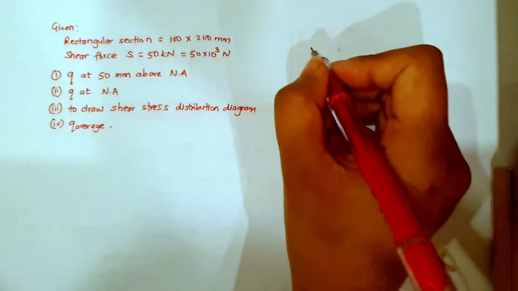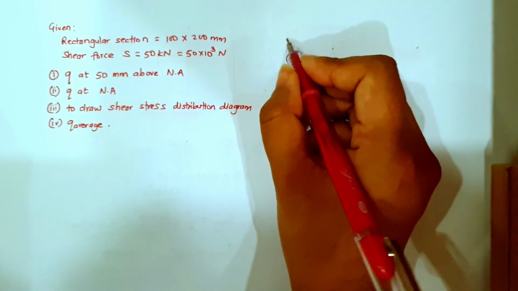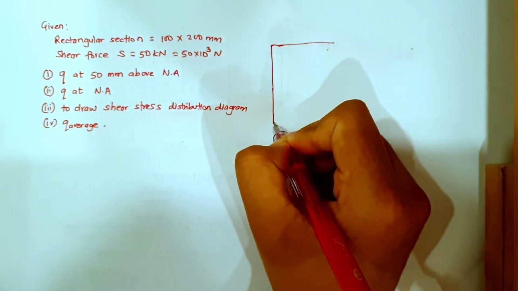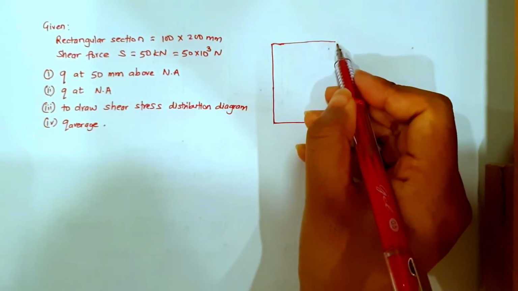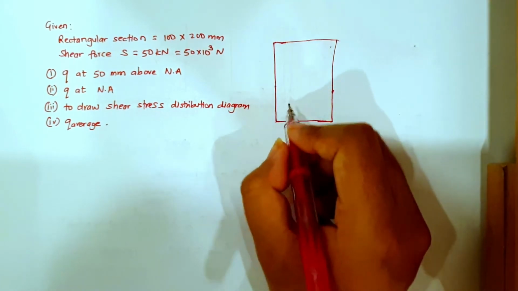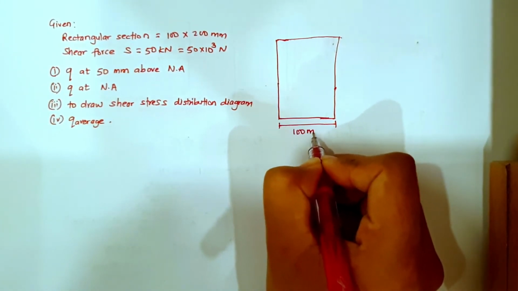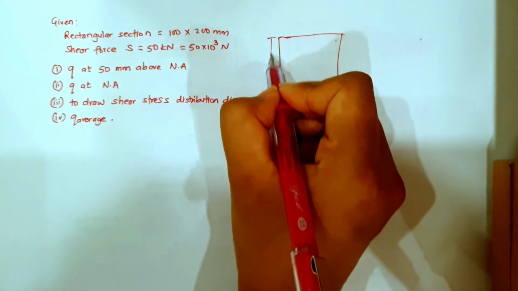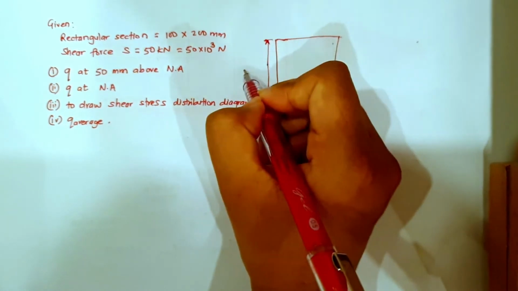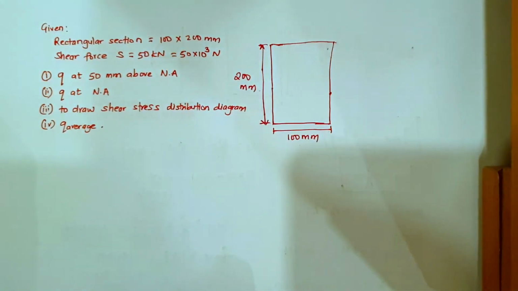Now from this given data, let us first draw the section. It is given 100 mm into its depth 200 mm. So this section is given, right?